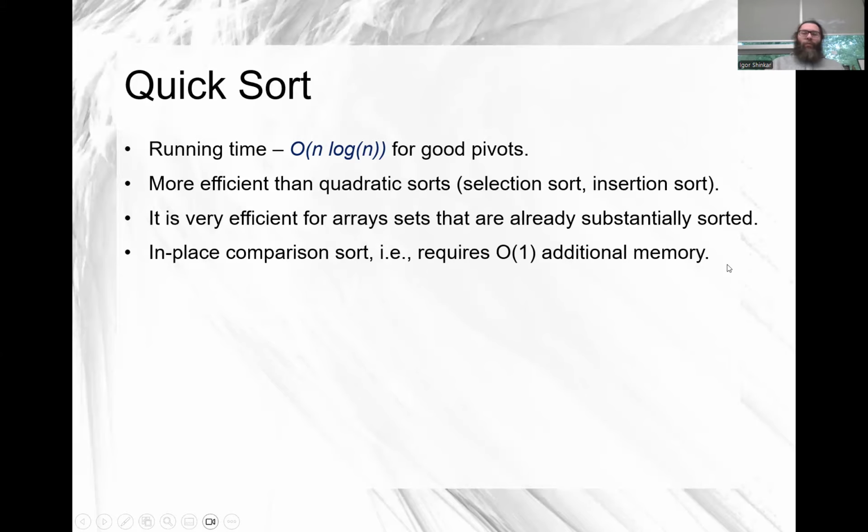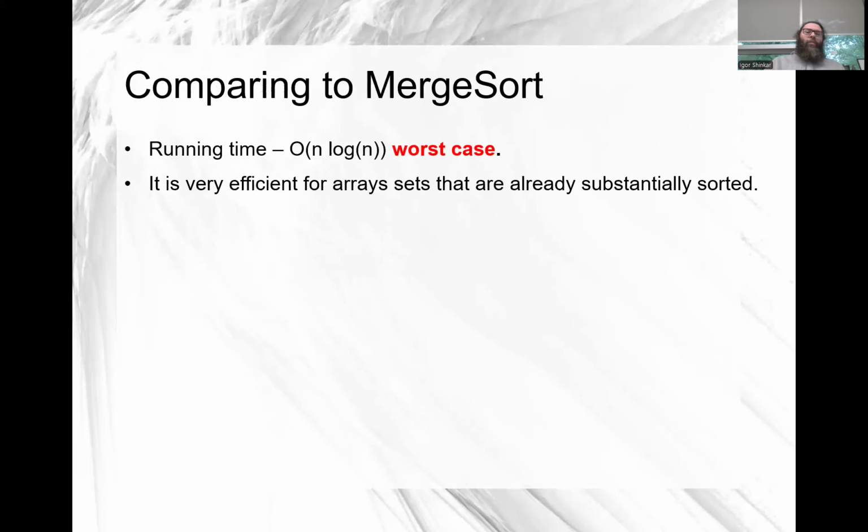And compared to merge sort, well, merge sort runs in n log n worst case time, but it requires additional memory. Okay, so quicksort doesn't require additional memory, but we're kind of hoping that it runs well.